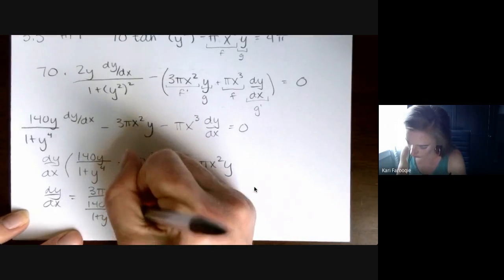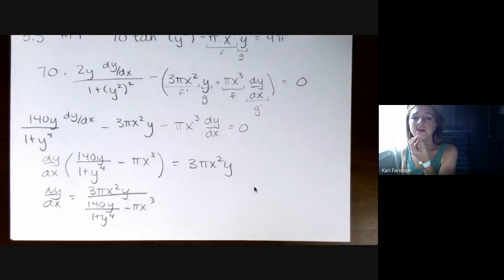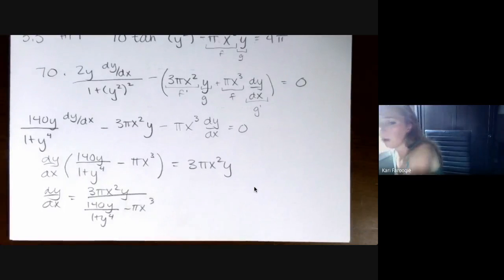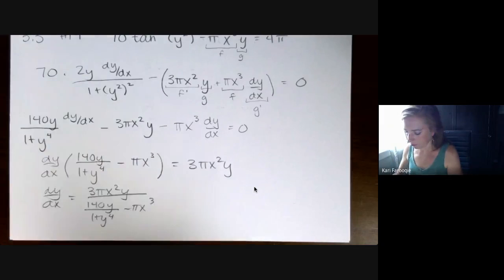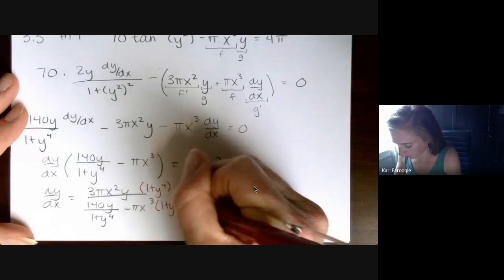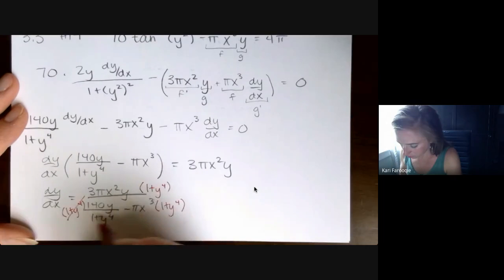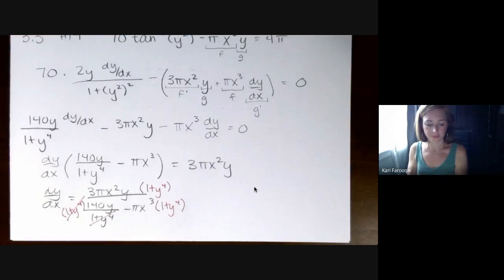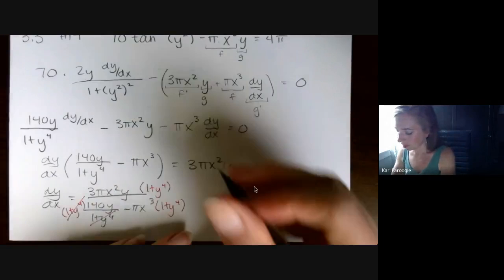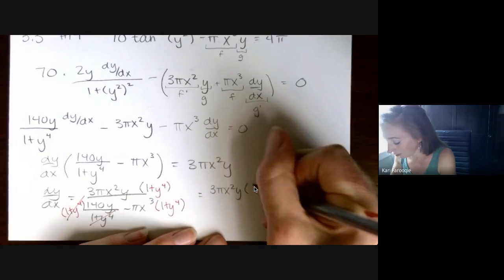How did that change to a plus? It didn't. And then go ahead and multiply each term by your LCD, which in this case is 1 plus y to the 4th power. And honestly, if you leave this factored, it's fine.